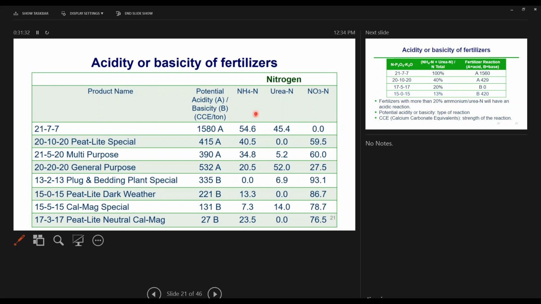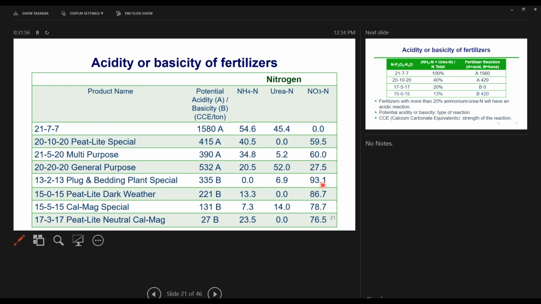So one of the things is that's also provided in the labels, and that's also provided by the greenhouse distributors. So you can always come here and, for example, look at this fertilizer and say, okay, this fertilizer is mostly ammonium and mostly urea, so that's why it's so acidic, because those two are acidic forms of nitrogen.